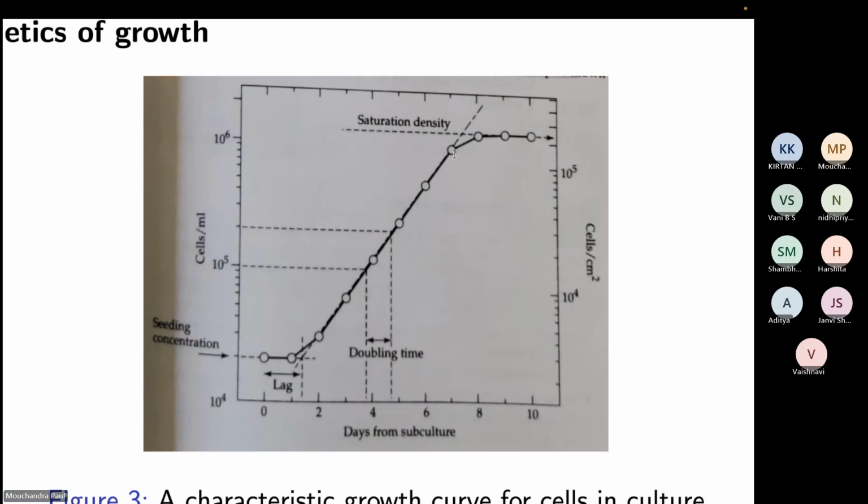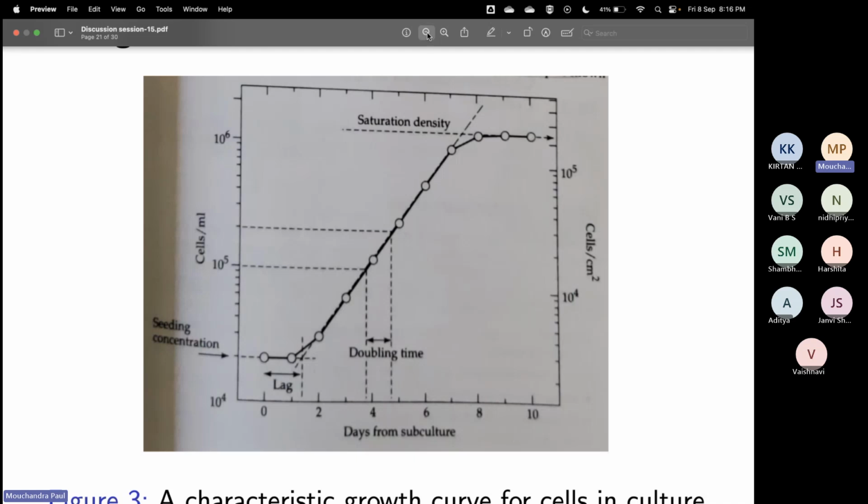Okay, and once the entire substrate is filled, okay, so you are growing the cells on a surface area of say 25 centimeters square or 75 centimeters square. So there is a limited surface available for the cell growth. So when the cell number has reached such a level that the entire substrate is occupied, then a plateau phase will take place, that is a stationary phase will occur.